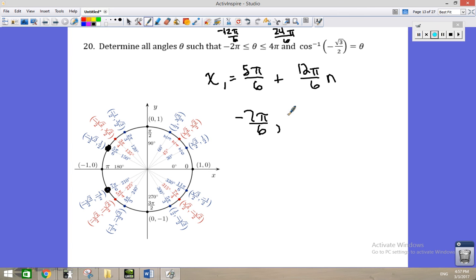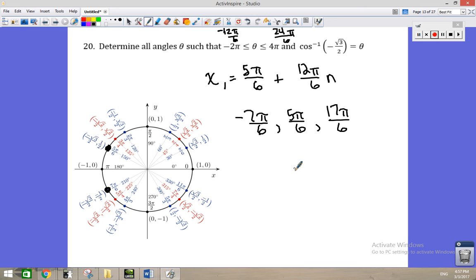If I let n equal 0, 5 pi over 6, 5 is between negative 12 and 24, and it satisfies that equation. If I let n equal 1, I'll have 17 pi over 6, that satisfies it. If I let n equal 2, 24 plus 5, then I'll be bigger than 24. So for this point x1, these are the 3 solutions it provides.